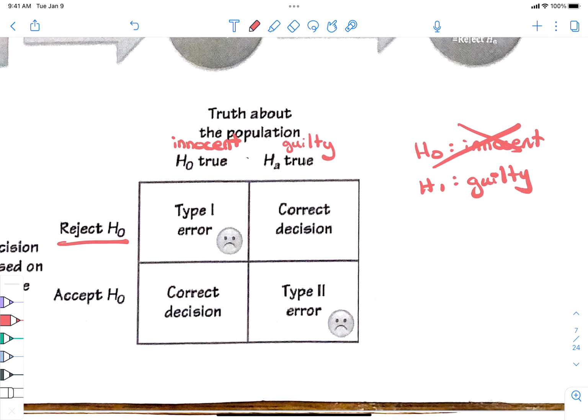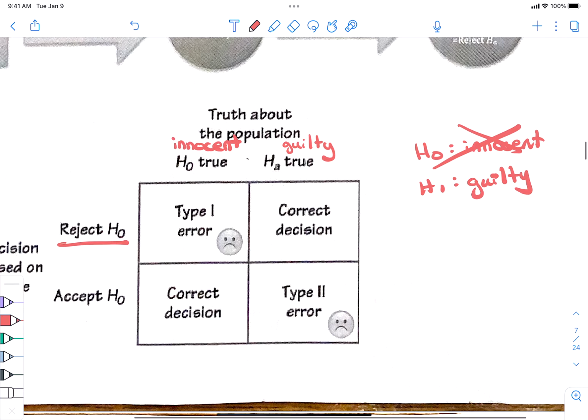You're guilty. If we reject H0, which means we cross that out, we're saying that person is guilty. There are 2 things that could happen. If they truly are innocent and we just called them guilty, we have wrongly convicted them.